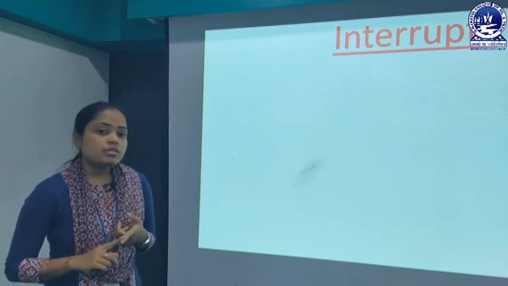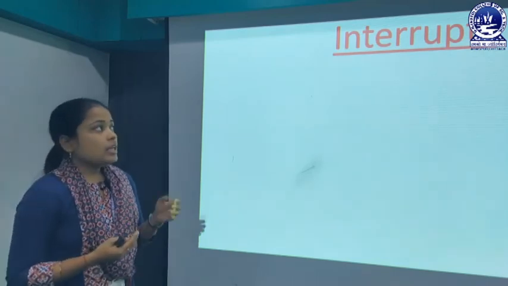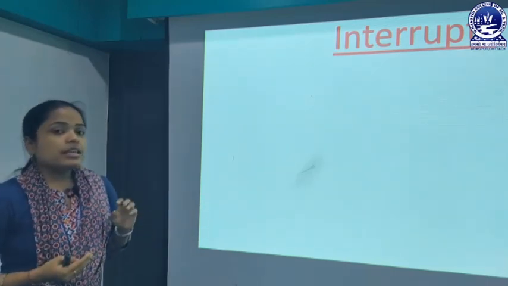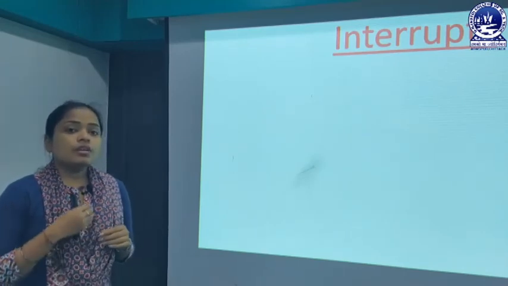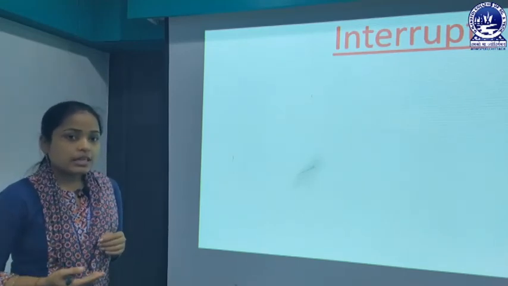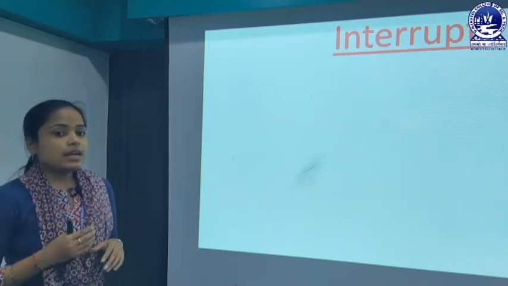When the processor is executing some program, it can easily ignore the interrupt. But when it is waiting for programs to be executed, at that point of time it can receive that request.